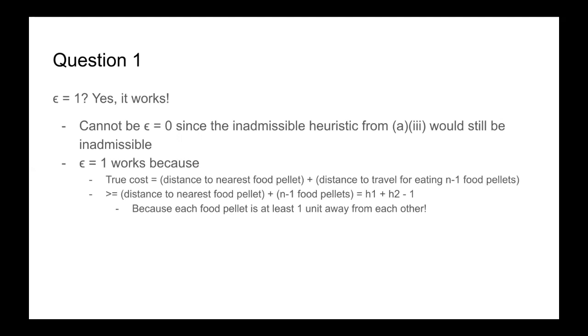And since each food pellet is at least 1 unit away from each other, then Pac-Man has to travel at least a distance of 1 to eat the next food pellet in the sequence. And so therefore this heuristic will always be less than the true cost, which makes it admissible.